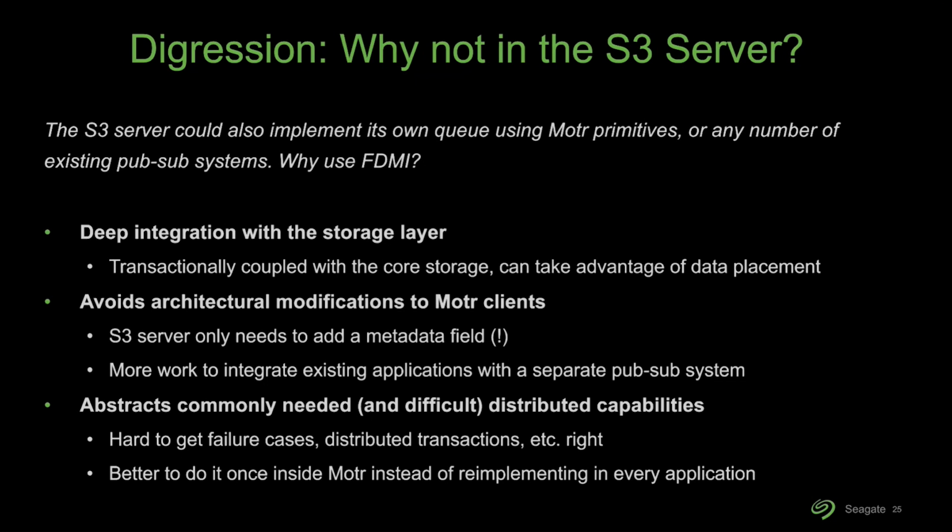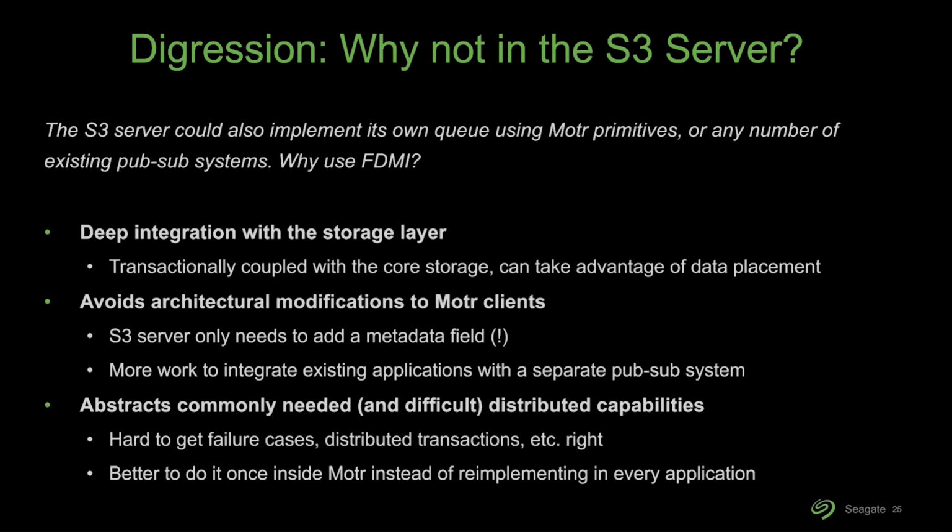So if we have transactional updates and all the complicated things that can happen, we don't need to worry about the implementation in one of the clients getting out of sync with what Motor knows about. And for some of the other uses, like moving compute to data or doing some local compression or something like that, you can take advantage of data placement that FDMI is aware of to make sure that you're doing operations on nodes where data is available.